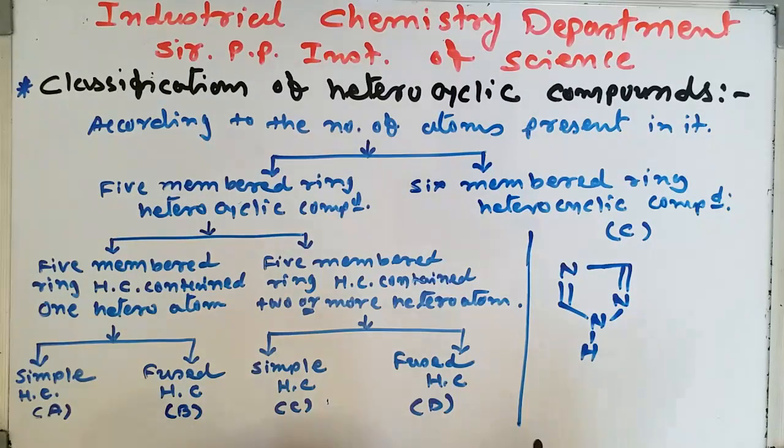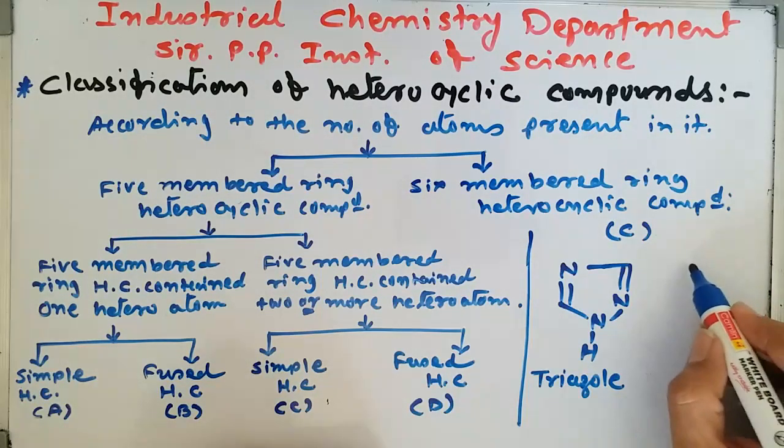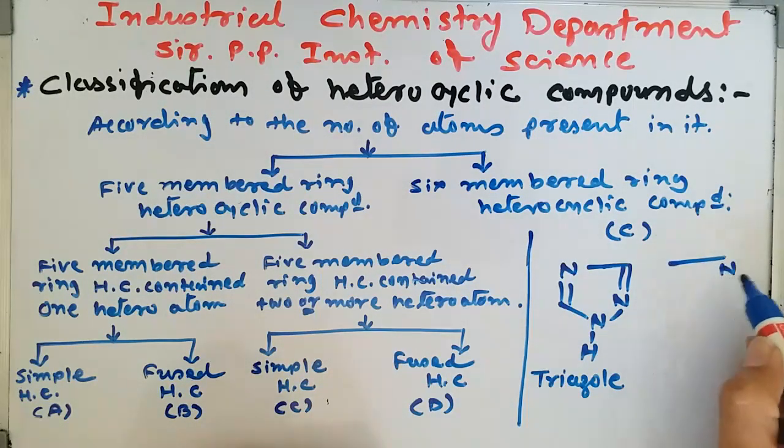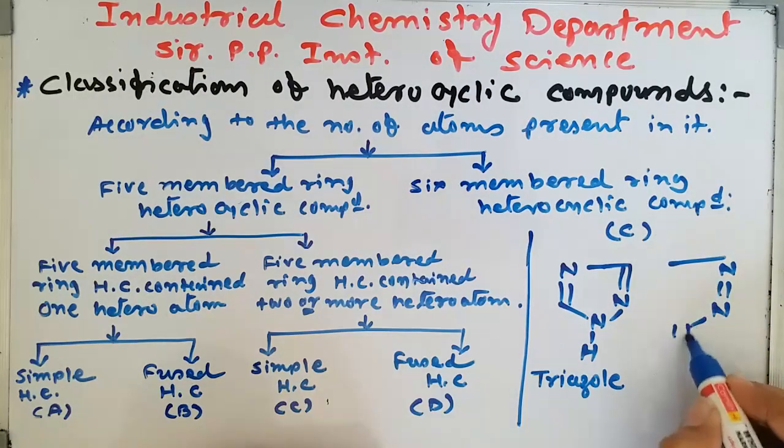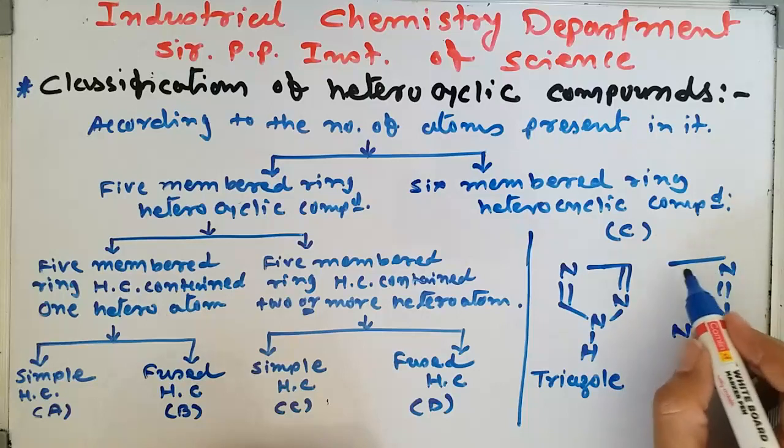Here three nitrogens are heteroatoms. It is known as triazole. And we see tetrazole.